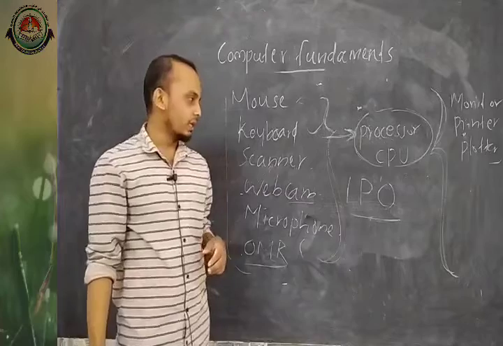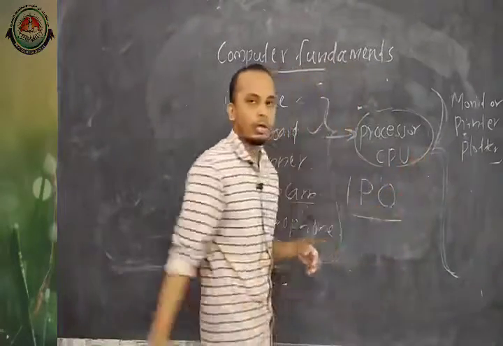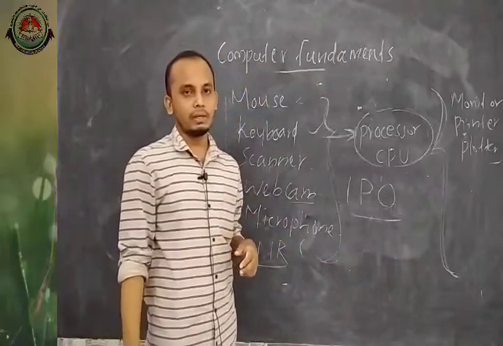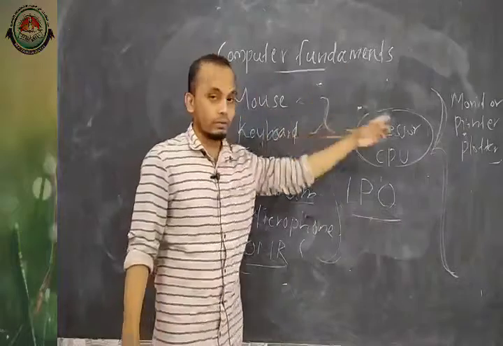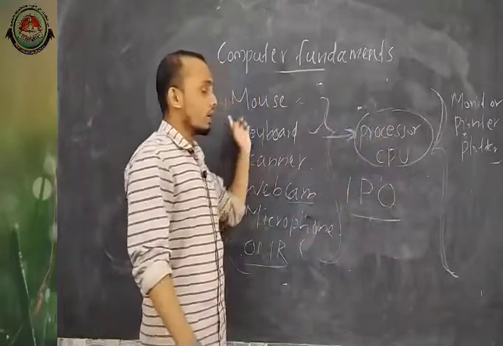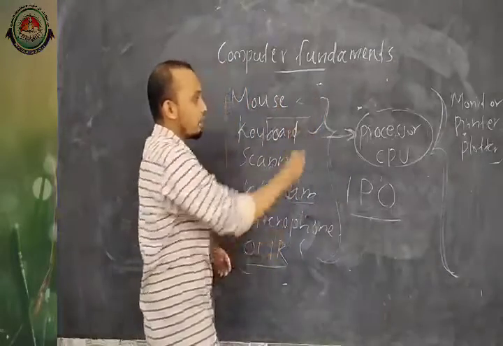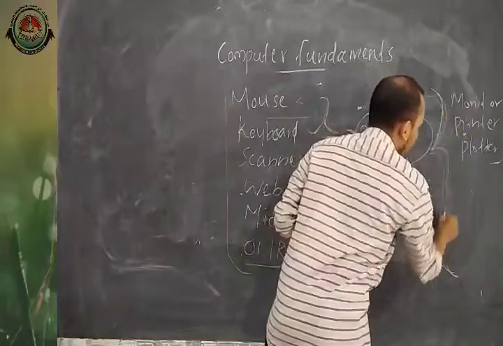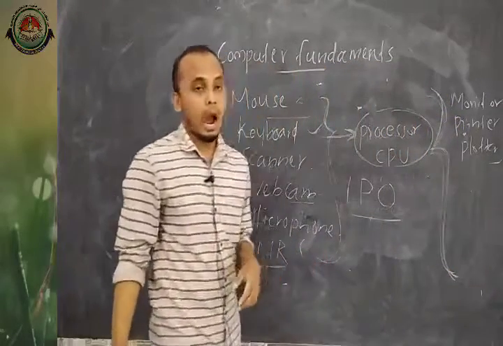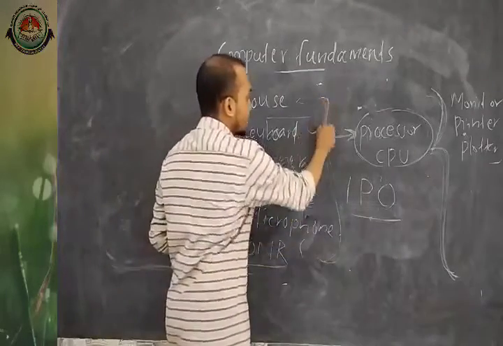Input, process, output, IPO cycle. These are the different steps of computer working. We can give instruction with the help of input, processor will process that input, and finally we will get the output.